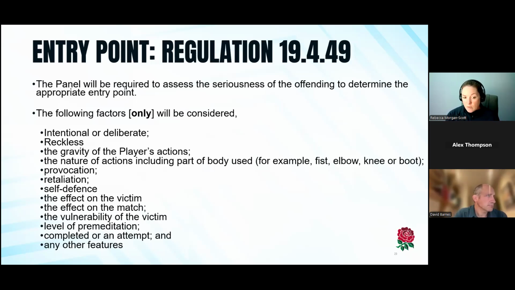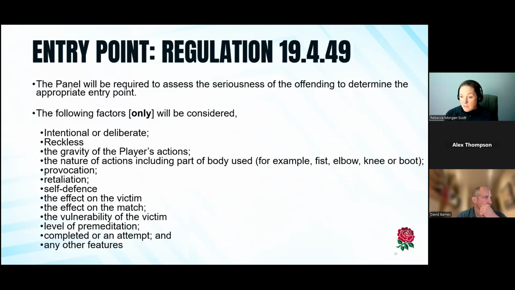The other one that I think is a really important one that the panels will always consider is the effect on the victim. If there is no effect on the victim, then the panel will consider that more favourably, obviously, than any injury that's been caused to the player. The effect on the match: the way panels view this is often whether, if there was a bit of a spat between two players, and suddenly that spilled over into the crowd, and everybody then piled in, and the match was then abandoned.